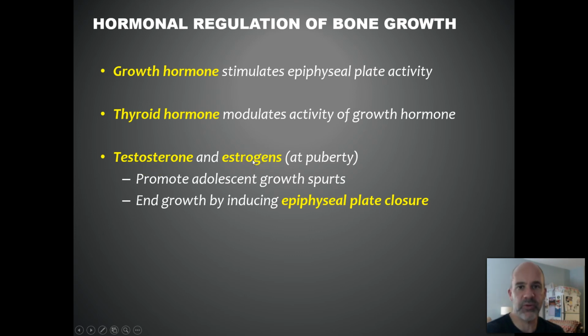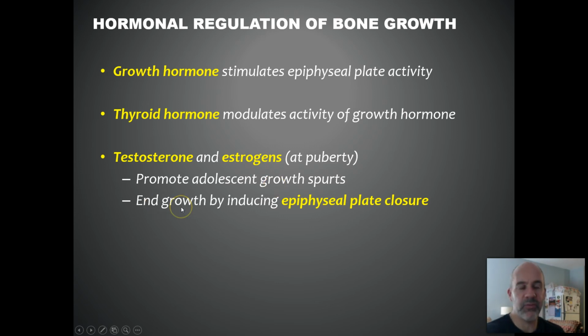Testosterone and estrogens, those are your sex hormones. Testosterone is the primary male sex hormone, and then estrogens are the primary female sex hormones. And these hormones stimulate growth plate elongation. So they're responsible for the growth spurts that occur in both adolescent boys and girls.